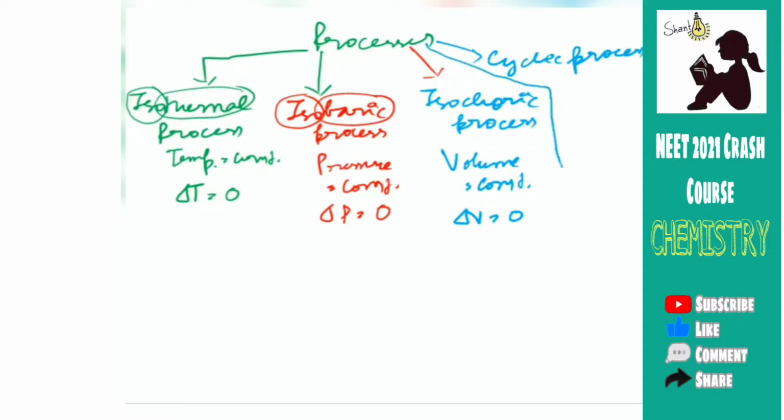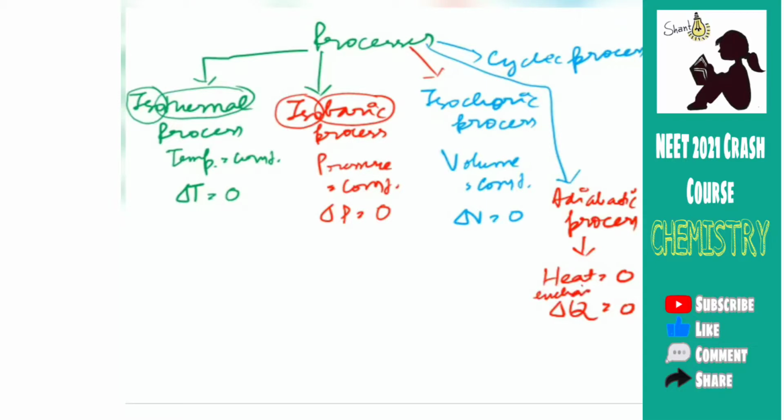Our last process will be the adiabatic process. What happens in the adiabatic process? Here heat exchange equals 0. That means del Q equals 0 here. So that will be our adiabatic process.